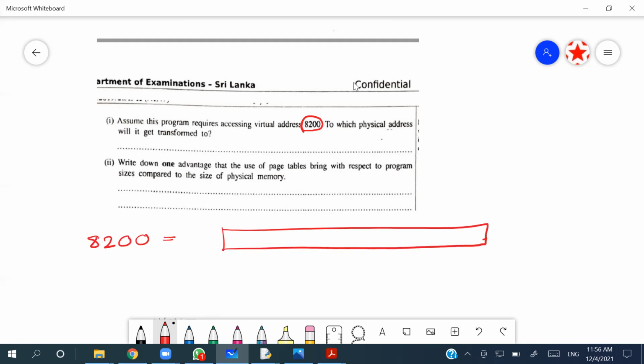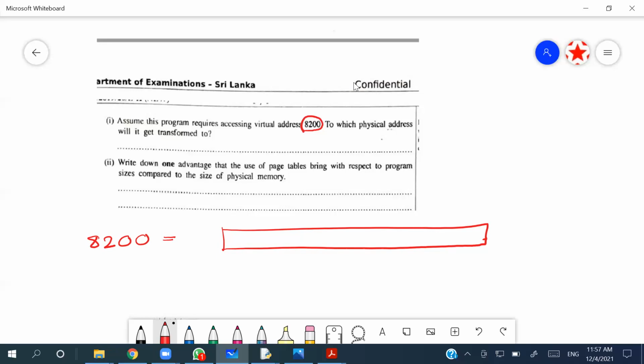You have to be very careful when writing 8,200 in binary. It is going to represent a particular virtual address, and you have to be sure how many bits there are in the virtual address. If that is done, the calculation is nothing. 8,200 must be converted into binary and compared with the particular address.